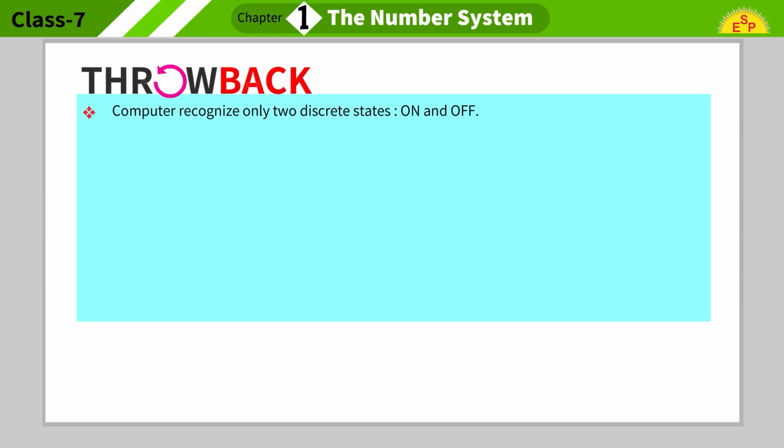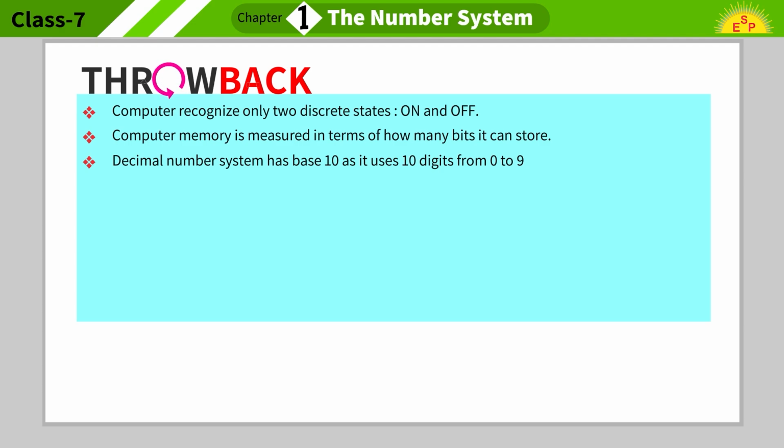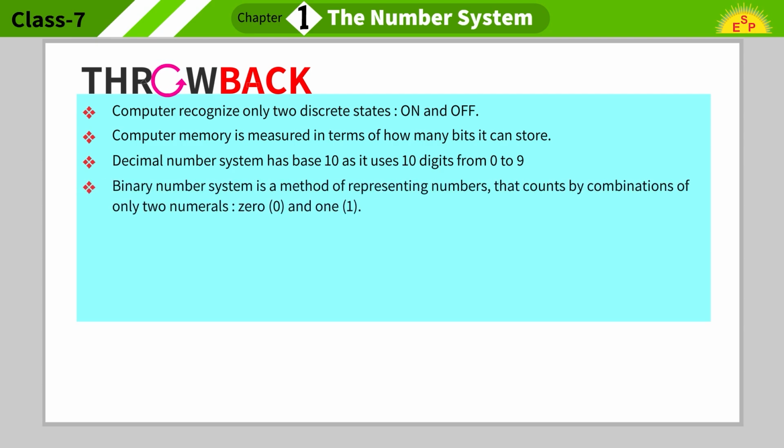Throwback. Computers recognize only two discrete states, on and off. Computer memory is measured in terms of how many bits it can store. Decimal number system has base 10 as it uses 10 digits from 0 to 9. Binary number system is a method of representing numbers that counts by combinations of only 2 numerals, 0 and 1.